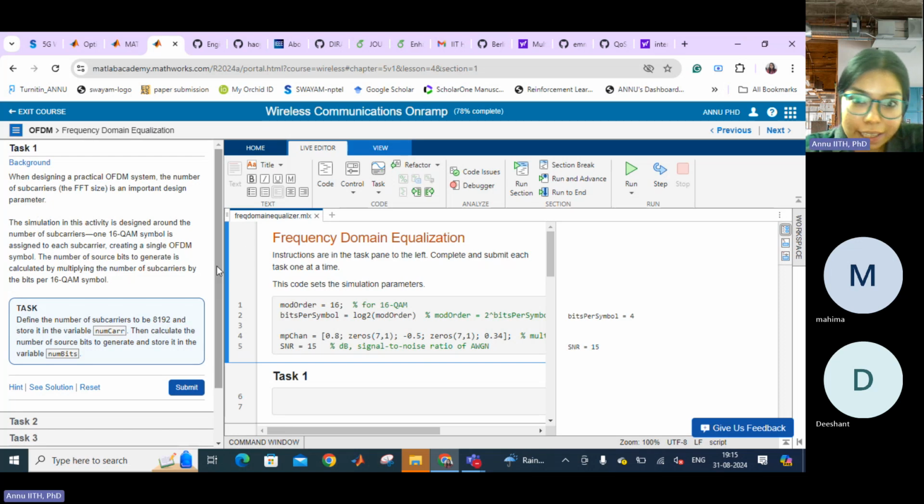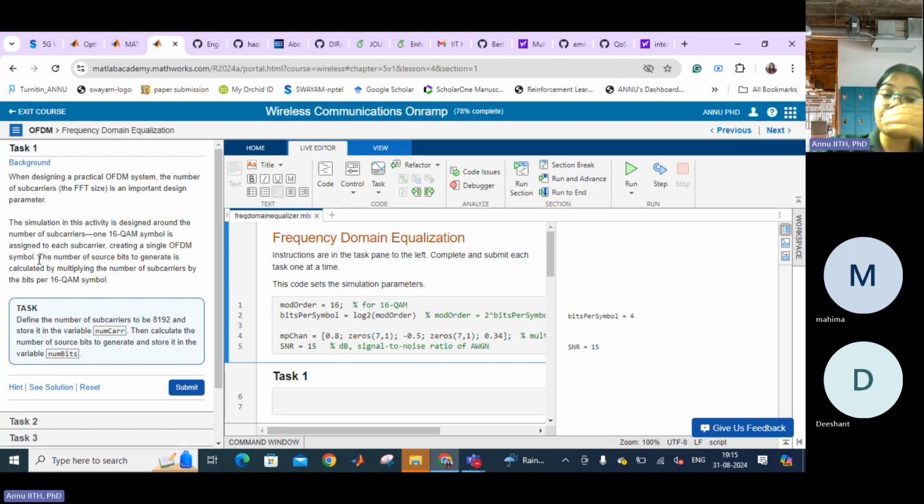So FFT size is one of the important parameters. The simulation in this activity is designed around the number of subcarriers. A 16-QAM symbol, meaning one symbol has 4 bits, is assigned to each subcarrier, creating a single OFDM symbol. So when we have so many subcarriers, that whole set of subcarriers creates one OFDM symbol.